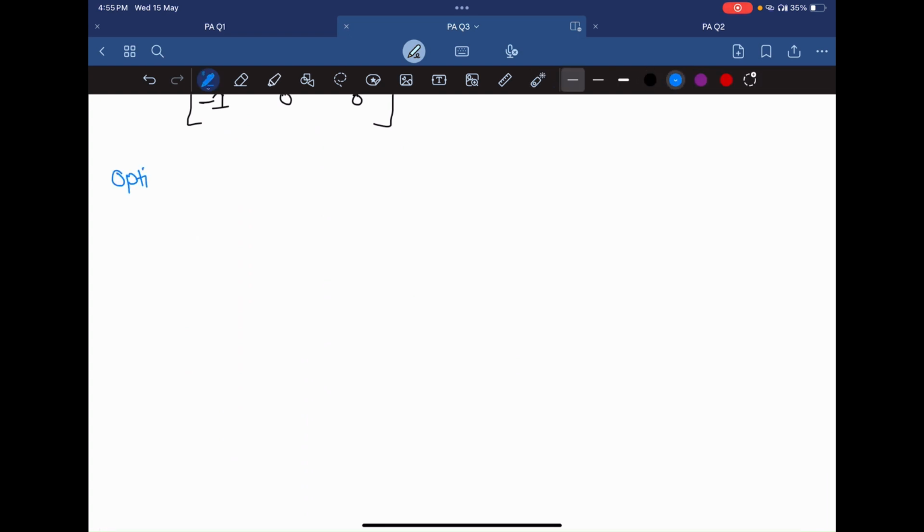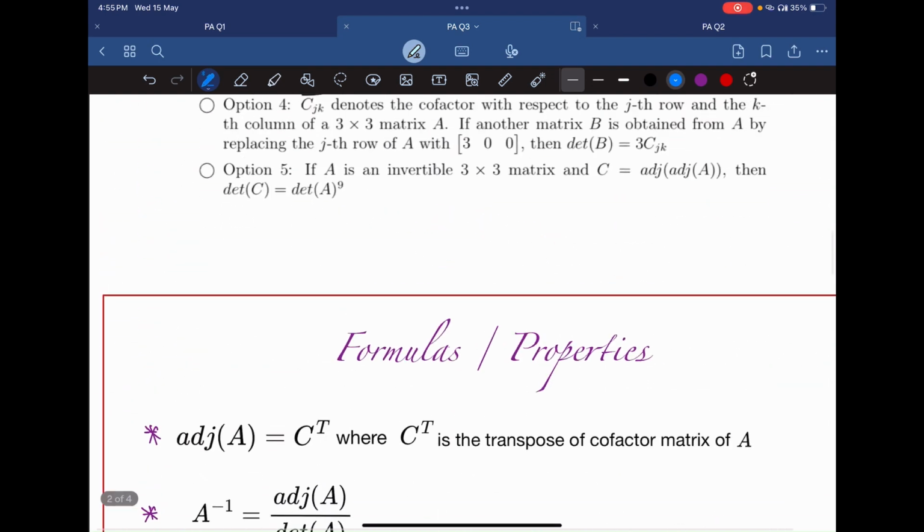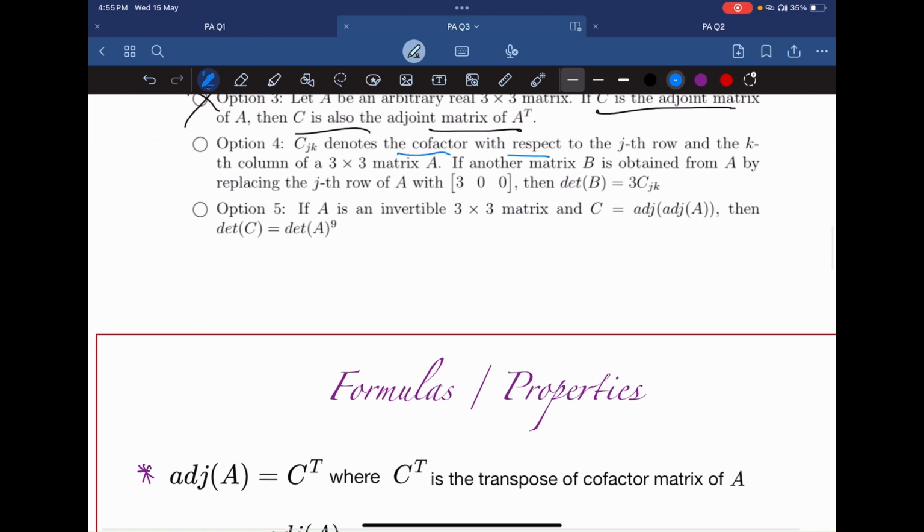Option 4 is that Cjk denotes the cofactor with respect to jth row and kth column for some matrix A. Now, if another matrix B is obtained from A by replacing the jth row of A with 3, 0, 0, then determinant of B is 3 times Cjk.